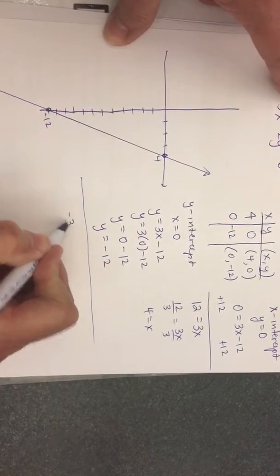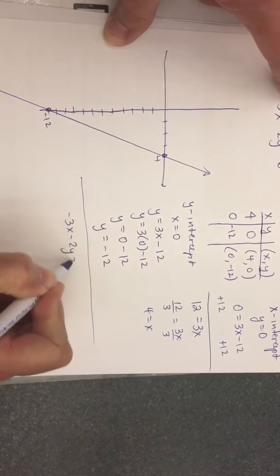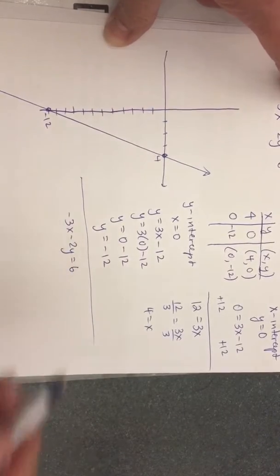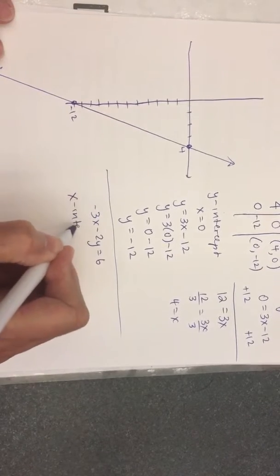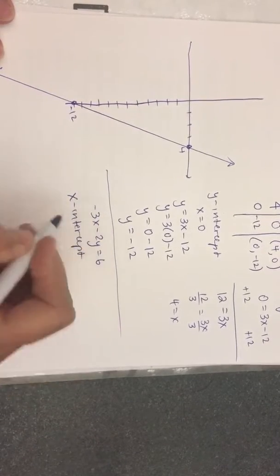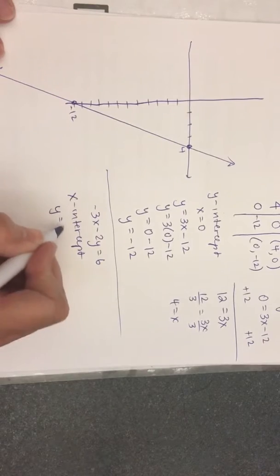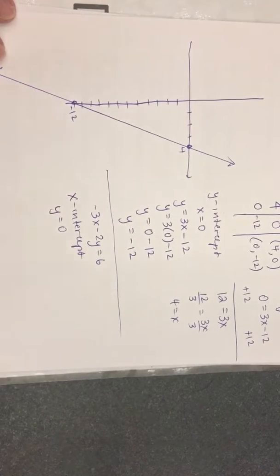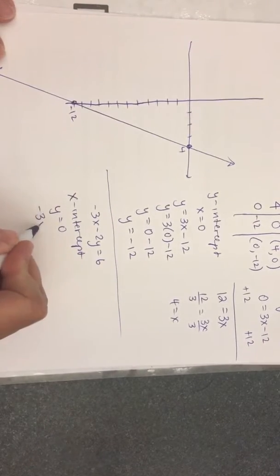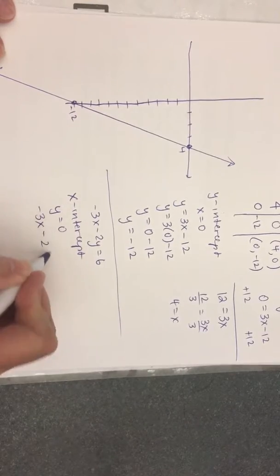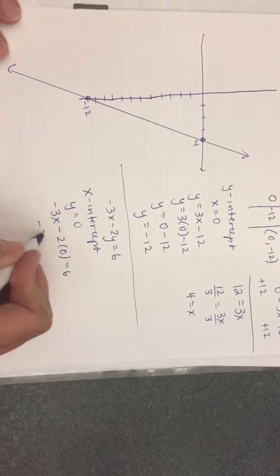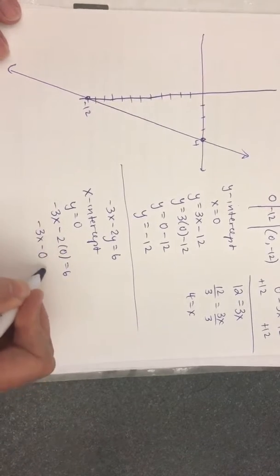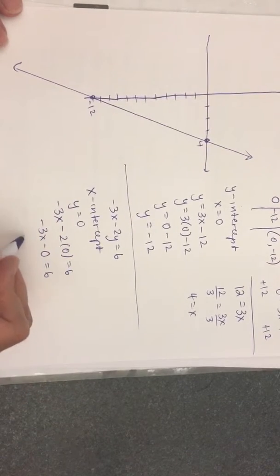The other line is negative 3x minus 2y equals 6. Again, x-intercept and y-intercept. For the x-intercept, y equals 0. This will give me negative 3x minus 2 times 0 equals 6. Negative 3x minus 0 is 6.